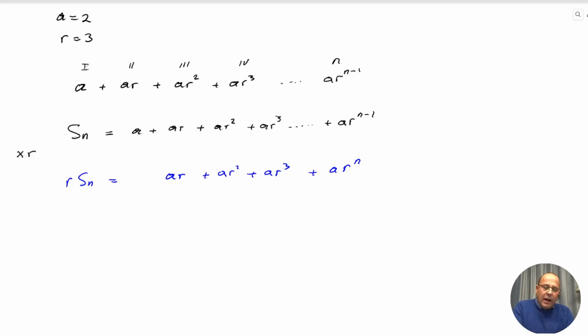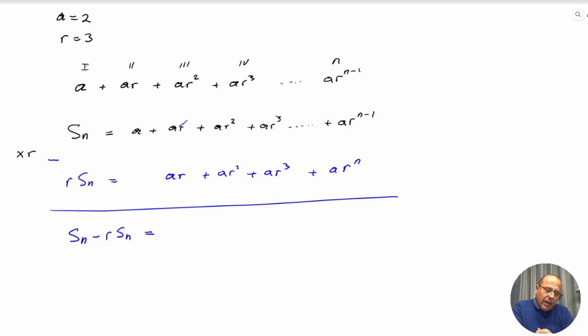Now, if we subtract those, we obtain Sn minus rSn is equal to, if we subtract them, the terms ar minus ar will cancel, so these terms will always cancel, and the last term of the first line cancels with the matching term in the second. So on the right-hand side, we're going to have a minus ar to the power of n.